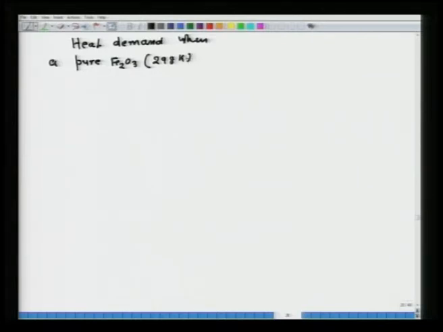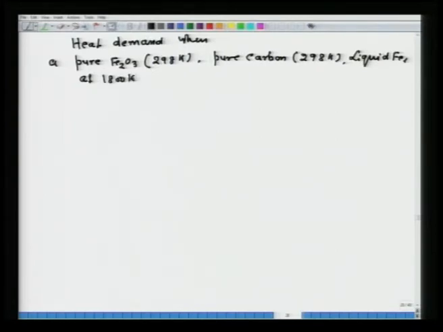Now, let us calculate heat demand again in kilojoule per kg mole of iron, when in condition A we have pure Fe2O3 as earlier supplied at 298 Kelvin, pure carbon again at 298 Kelvin, and liquid iron at 1800 Kelvin.